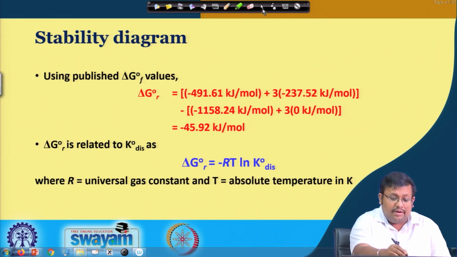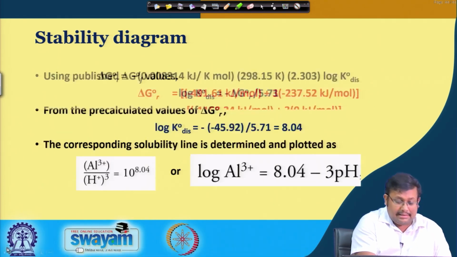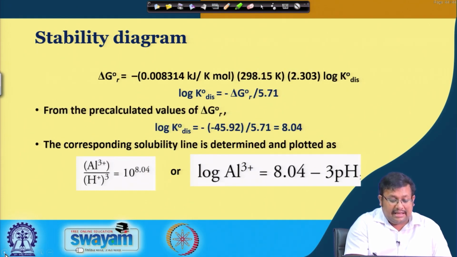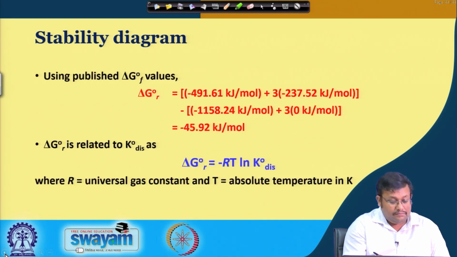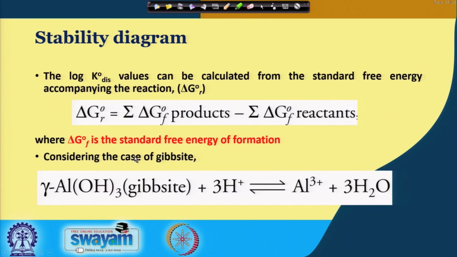Again, for your recap, this delta G0 is nothing but the standard free energy of formation, and we calculate it by summing up the delta G0 of all the products minus the delta G0 of all the reactants.